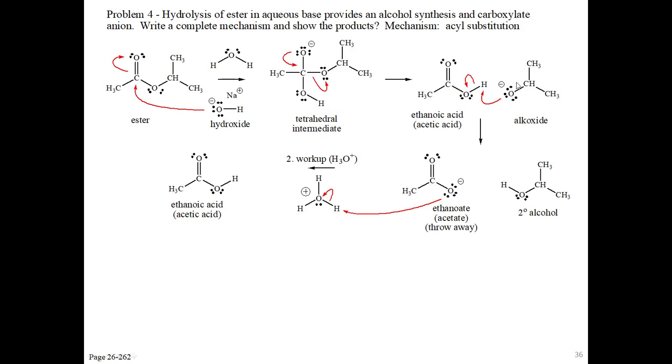The alkoxide is much more basic than the conjugate base of the acid down here, so it steals away the proton, gives us the alcohol that we wanted, and if we work this up, just a mild neutralization of the base with a little bit of acid, then we can actually get the carboxylic acid too, in this case ethanoic acid.